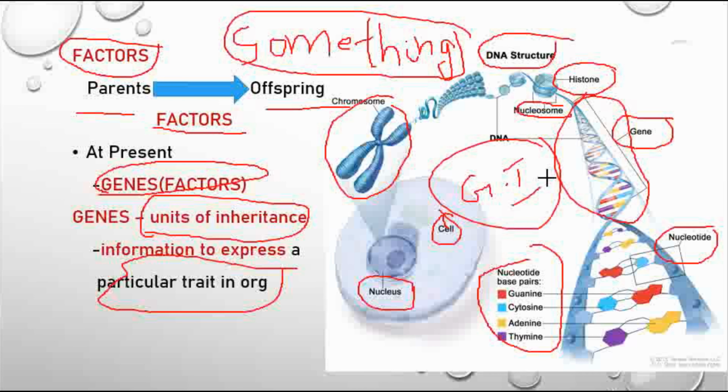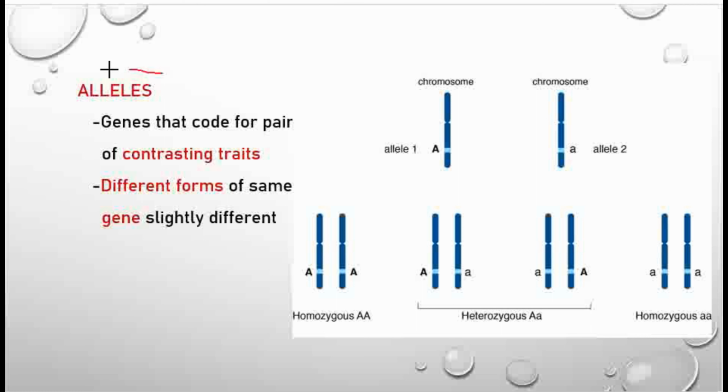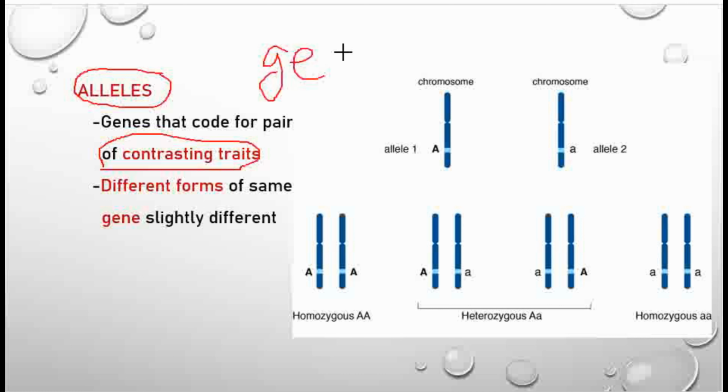So let's move on to the next slide. Next is about alleles. What is an allele? They are the genes that code for a pair of contrasting traits. It is an alternative form of a gene, which we saw in the previous slide.